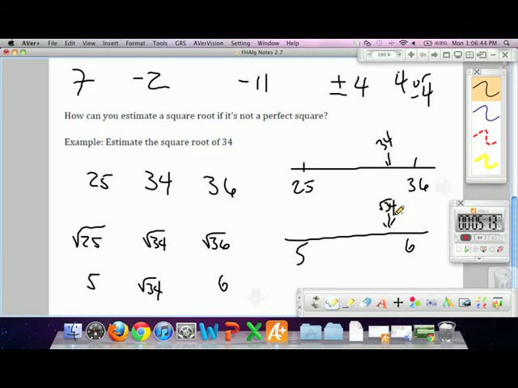So estimating the square root of 34, the nearest whole number would be 6. So the square root of 34 to the nearest whole number would be 6. Okay? To the nearest whole number, the nearest integer.